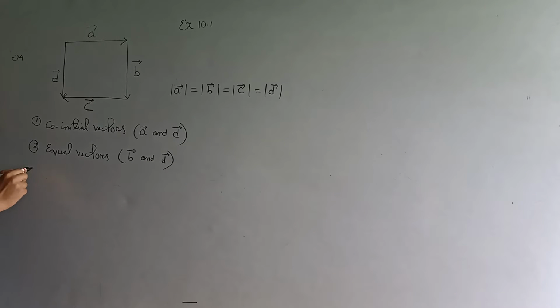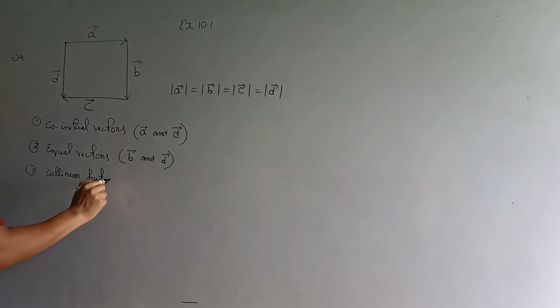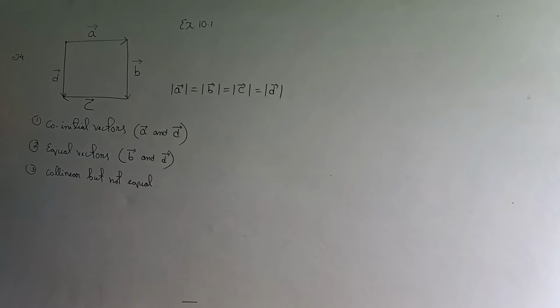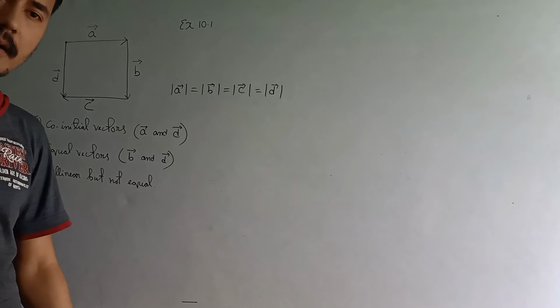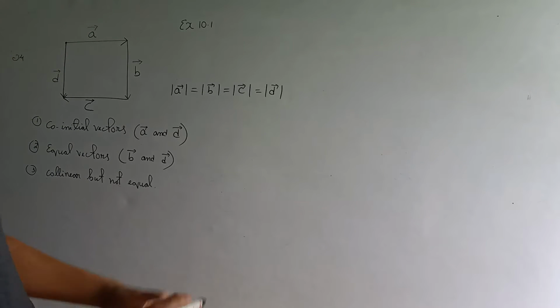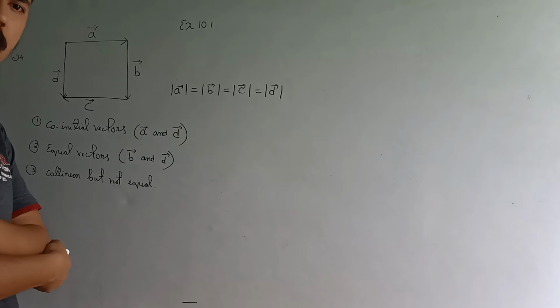Next. Collinear but not equal. Collinear vectors means two vectors are said to be collinear if they are parallel. If they are parallel, they may have equal or different magnitude, we do not care.